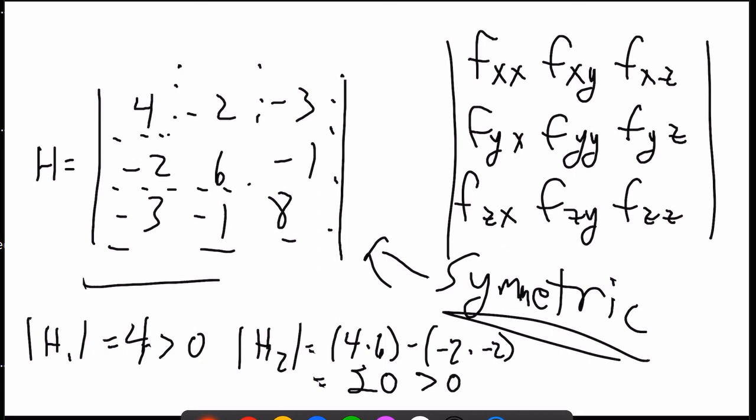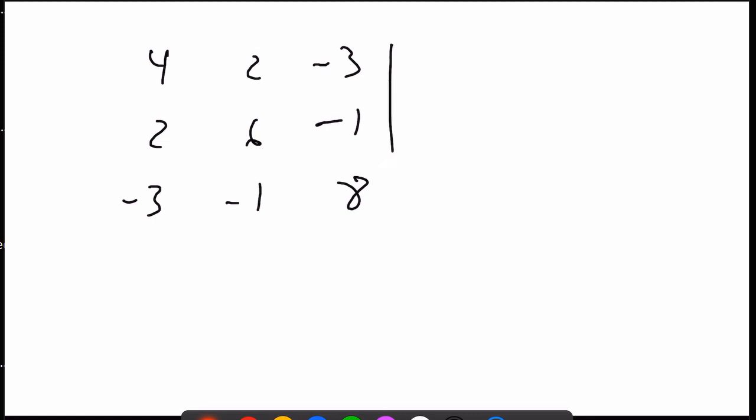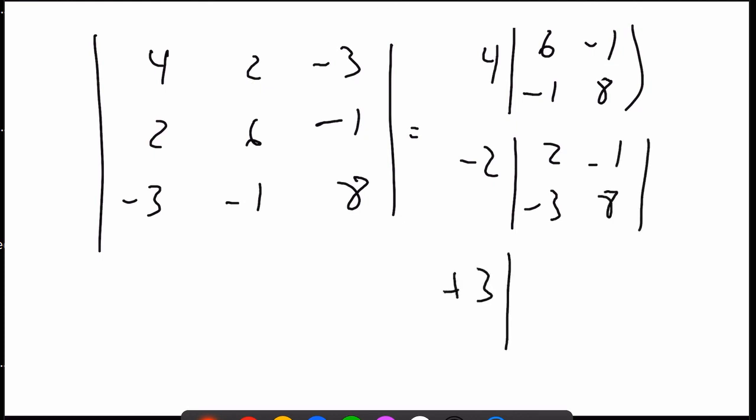And then we need to find the determinant of this whole thing. So we've got 4, 2, minus 3, 2, minus 3, 6, 8. And those are both minus 1s, right? So that's going to be 4 times 6 minus 1 minus 1, 8. Minus 2 times 2 minus 3 minus 1, 8. Plus 3 times 2, 6 minus 3 minus 1.